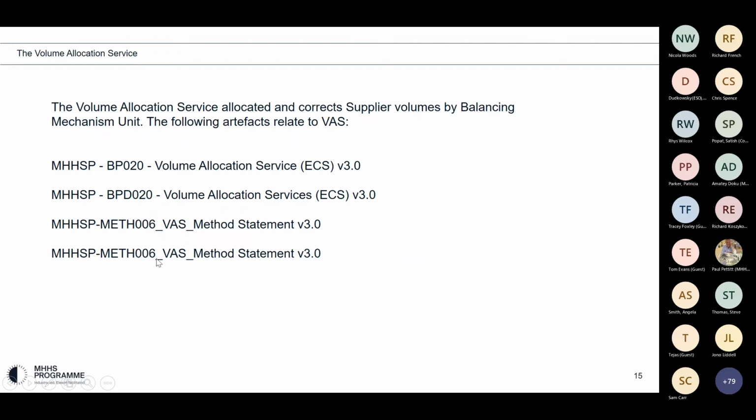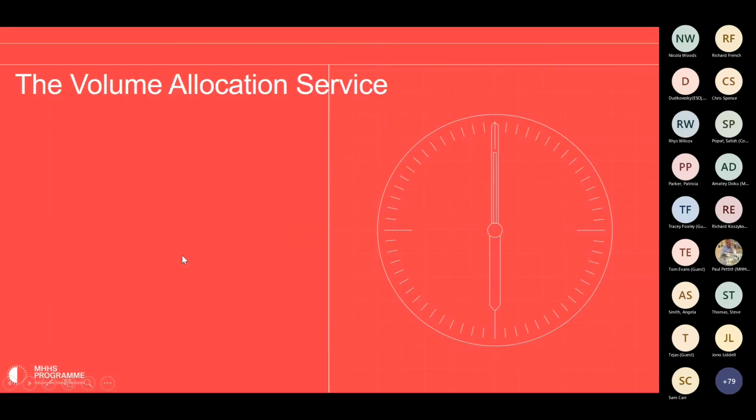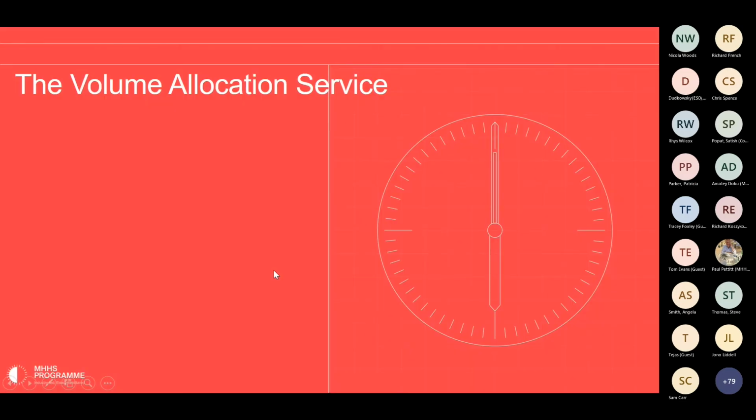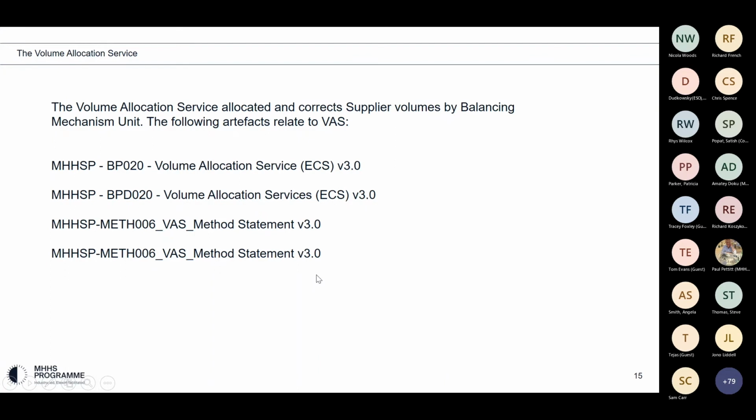And I can just see a mistake here. This is supposed to be the DDE method statement, which we had here. Not here. This should be METH 08 DDE method statement. I'll correct that. But as I said earlier, the volume allocation service still will need to perform some calculations to correct data in the event of a demand disconnection event.